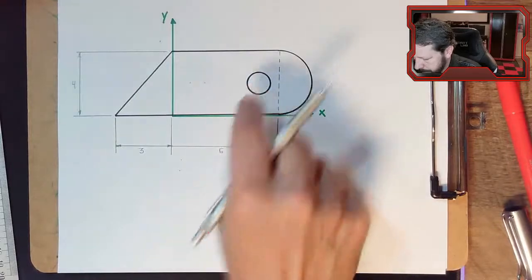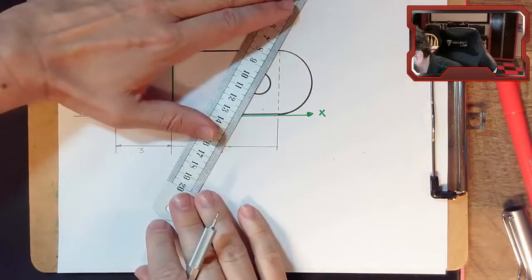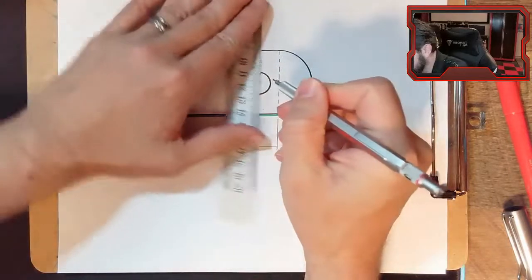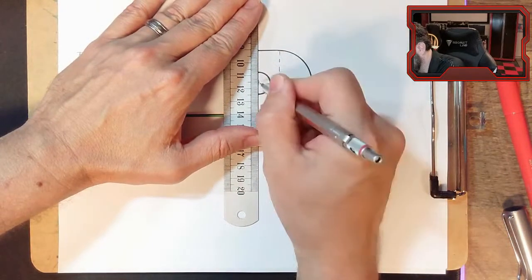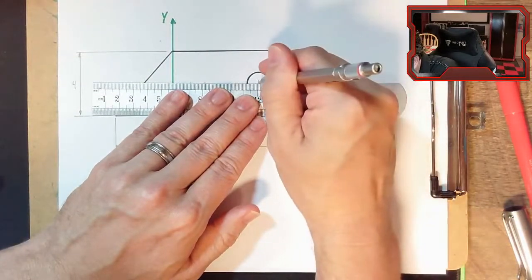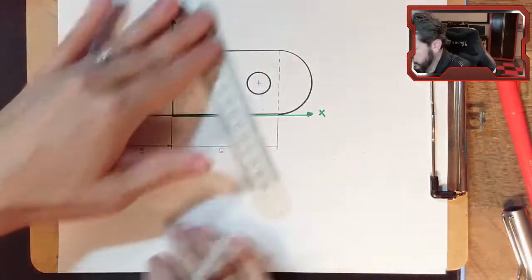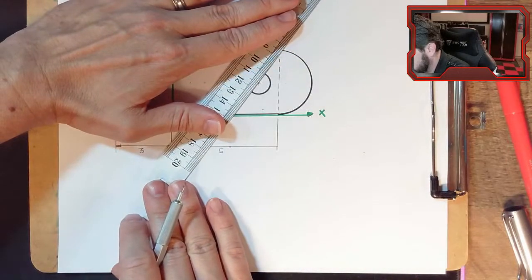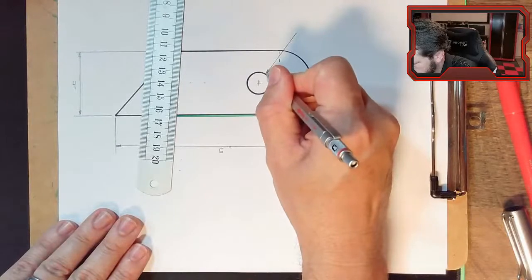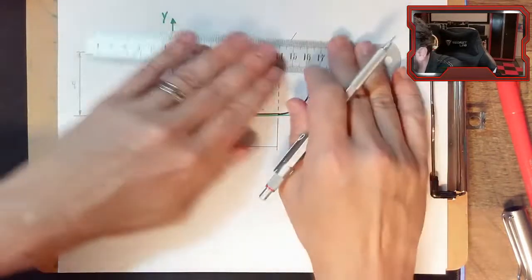We need to locate this circle, and we need to dimension it. We don't have a dimension. When you're doing a circle, normally you have its center, which I didn't actually mark. So something like this. Then you point to the center with a leader line, and you come off of that with the dimension.